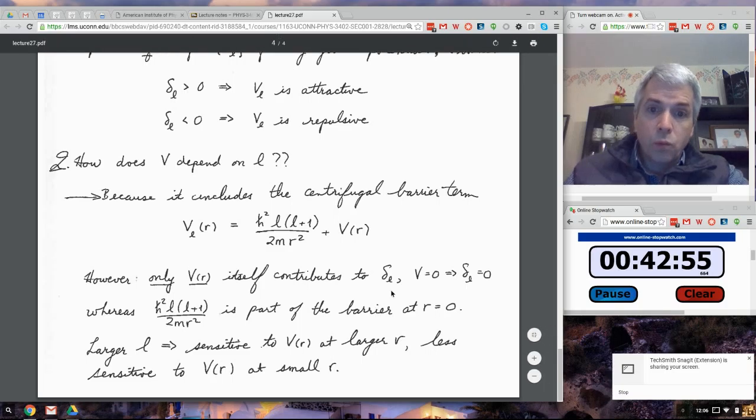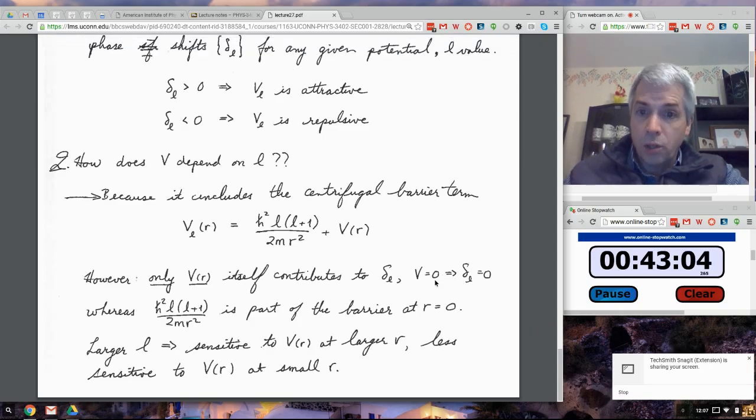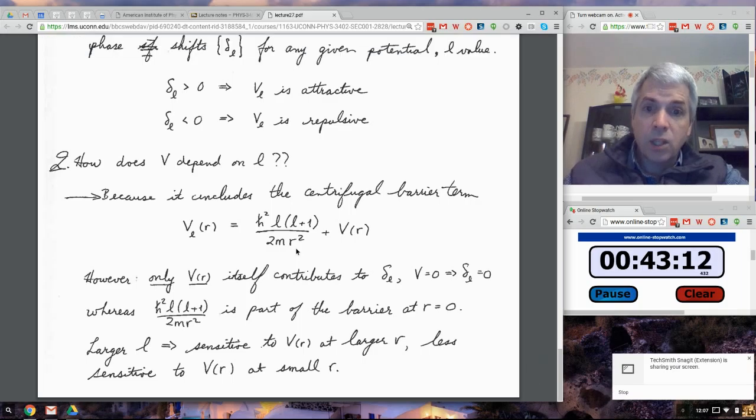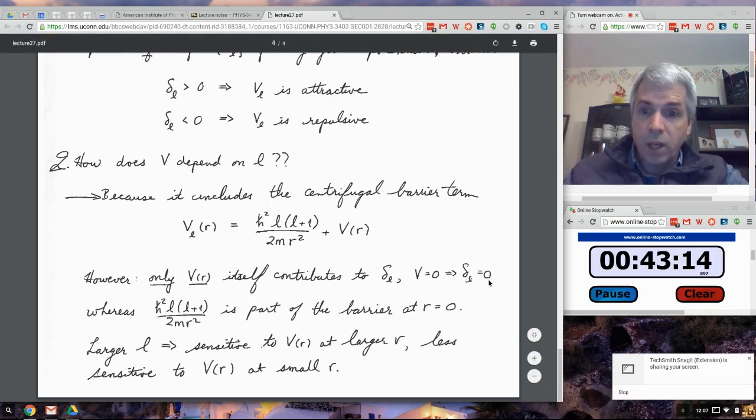So the old rule that we had, that delta of 0 being 0 corresponds to V equals 0, still holds. In fact, it holds in all the waves. If V is 0, then the phase shift will just correspond to the centrifugal term in all the waves, and that's by definition the 0 phase shift.